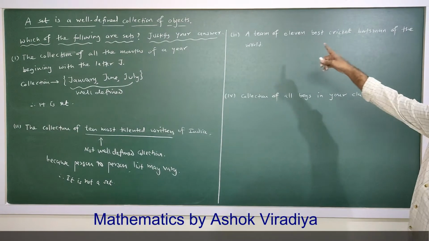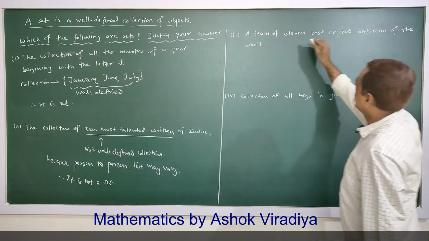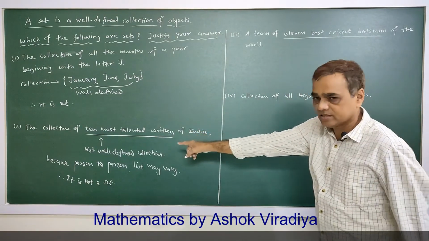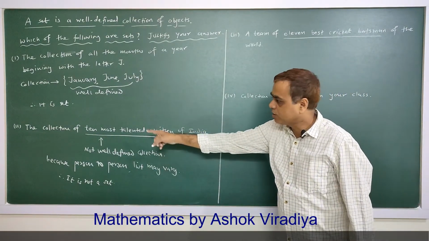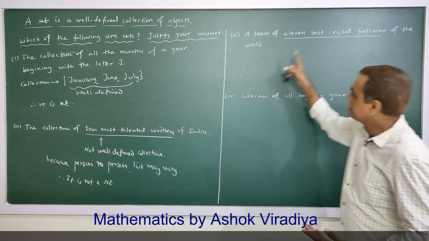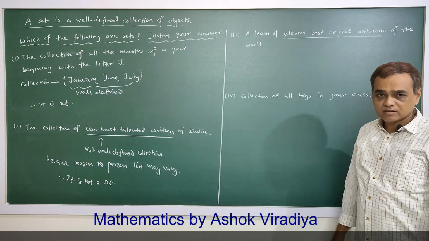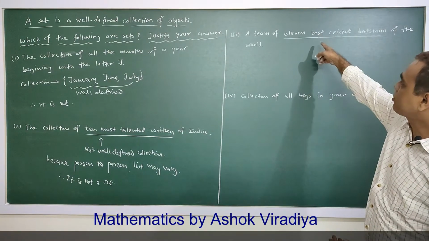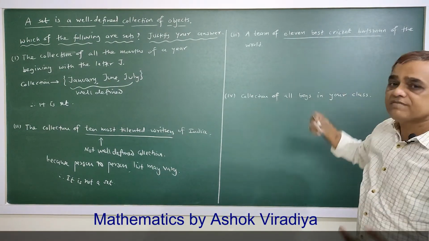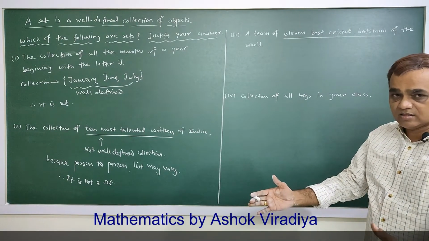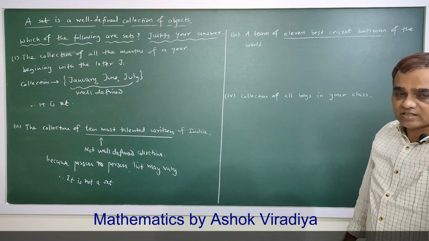Now here, a team of 11 best cricket batsmen. Again, a similar example to the one I discussed here. This was the example of 10 most talented writers. This is the example of 11 best cricket batsmen. It may be possible that in this list of 11 best cricket batsmen, if I prepare my list, I include MS Dhoni and you do not include MS Dhoni.